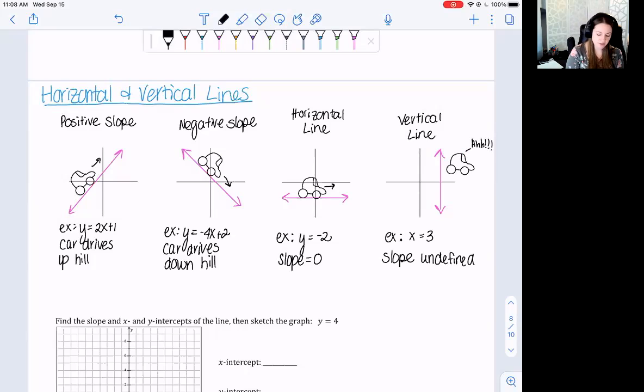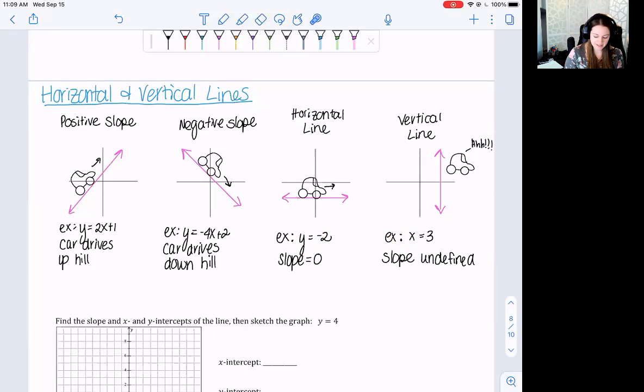That's how I like to remember the difference between slope 0 and slope undefined, because horizontal and vertical lines get flip-flopped in people's heads a lot. One way I've had students remember which one is y equals a number and which one is x equals a number is because y is like an upside down h. So h for horizontal.